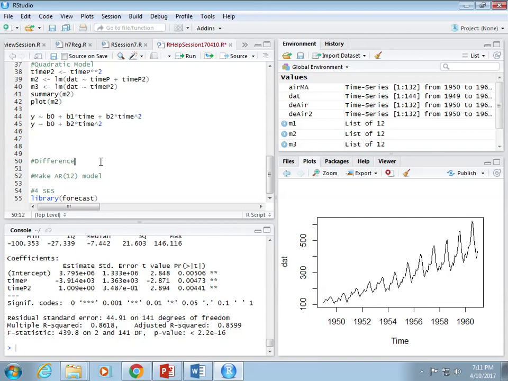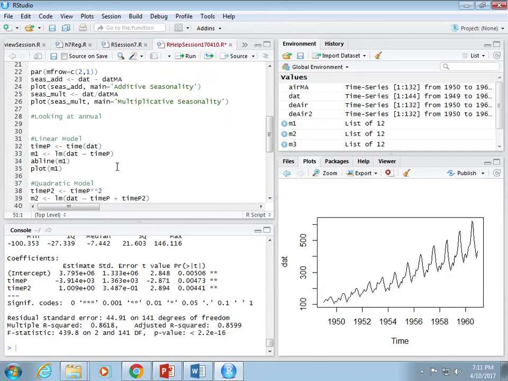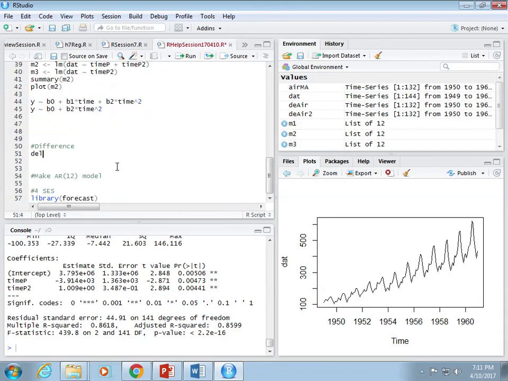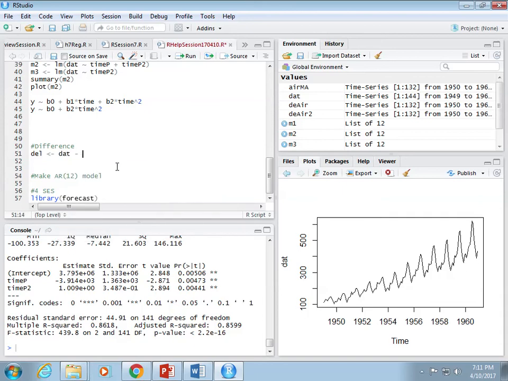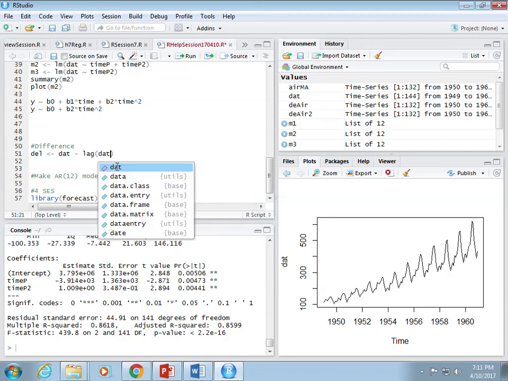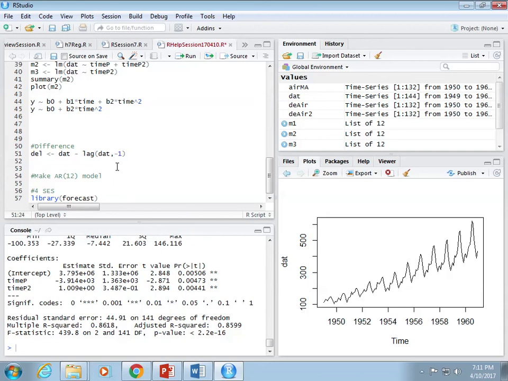To difference, the main way we teach in this class is that I'll call it del, for delta. The change in passengers is just the data minus the lag of it, right? Actually, I'm not sure if that works.